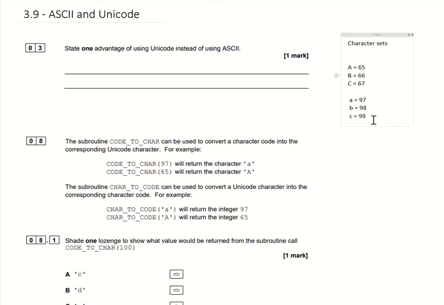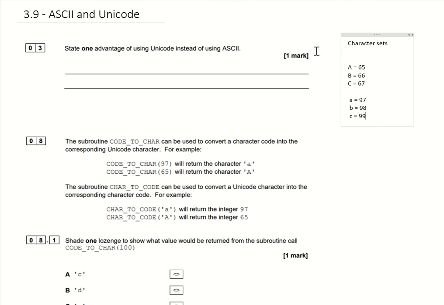So uppercase and lowercase also have their own numeric values. A computer knows that capital A is represented as number 65, which can then be converted into its binary equivalent, and then lowercase a is 97. Now you don't need to remember these. This is normally given to you in the exam if you need to actually use binary numbers, which we'll come to in this question down here in a moment.